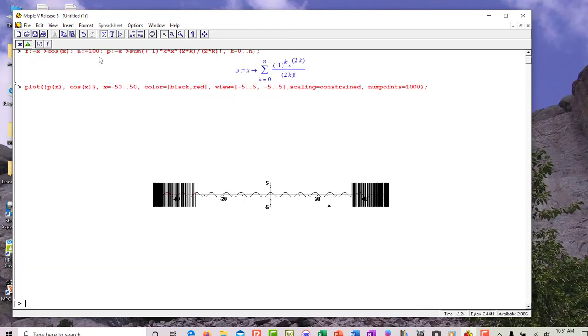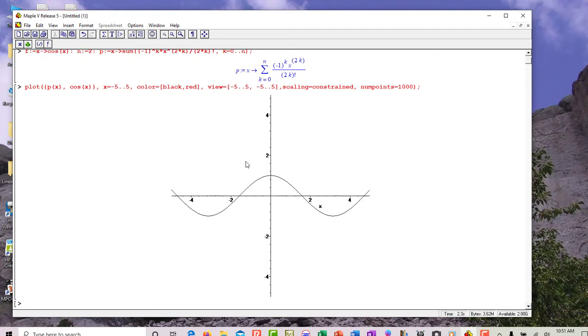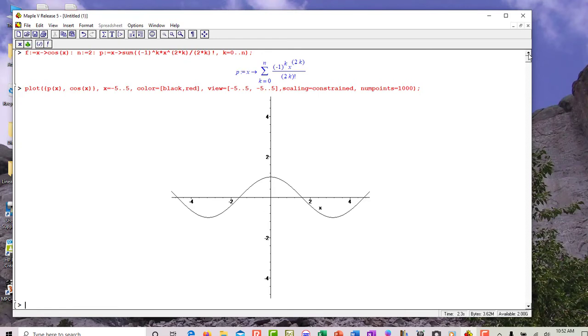Oops, here I've done too much. Let's do n equals 2, and let's go from -5 to 5 again on our graph. Let's see, n equals 1 there.